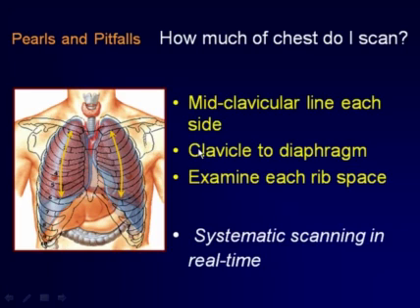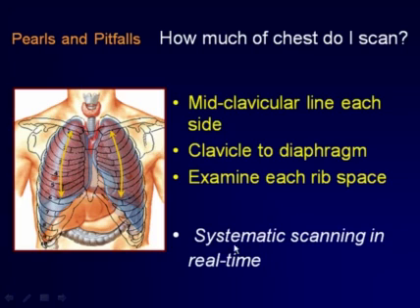So, how much of the chest should be scanned? The essential answer to that is the midclavicular line on each side of the chest from right immediately inferior to the clavicle down to the diaphragm.